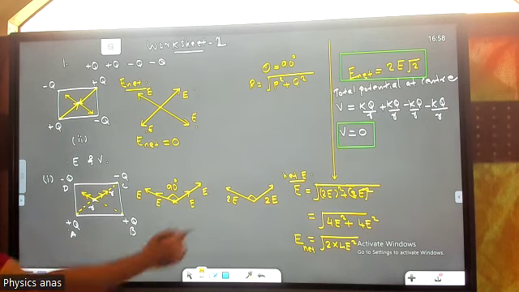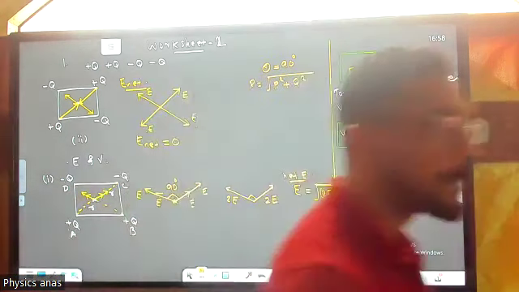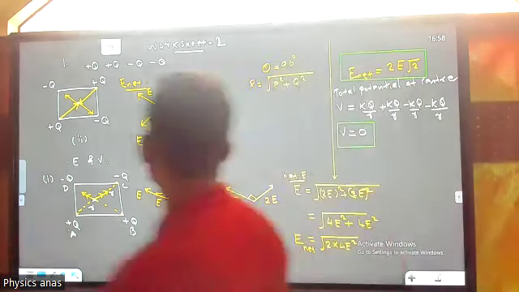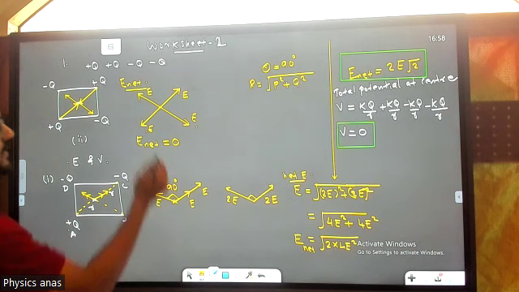Can I erase this part? One line is towards the point. One of the lines is towards the middle. Which line? One of the diagonals. The arrow.